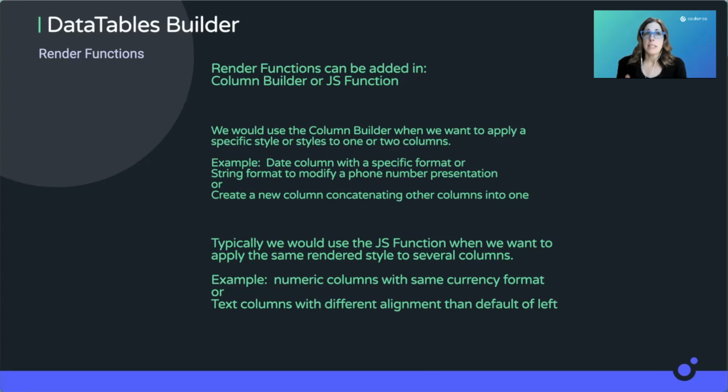Examples would be, I have a date column and I want to format that specifically, or I have a phone number column and I want to format that phone number and the cell phone number, two different phone numbers, the same way. You can also use it to merge two columns together into one new column, right? So those are kinds of formats for rendering using the builder.